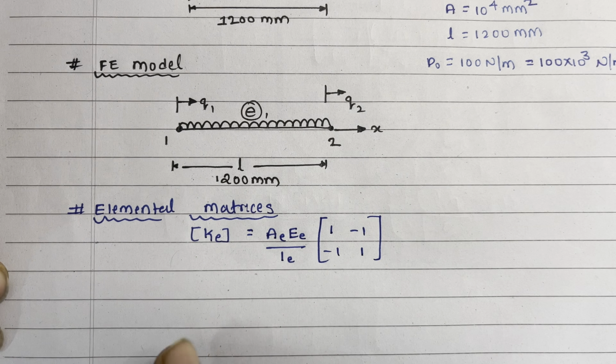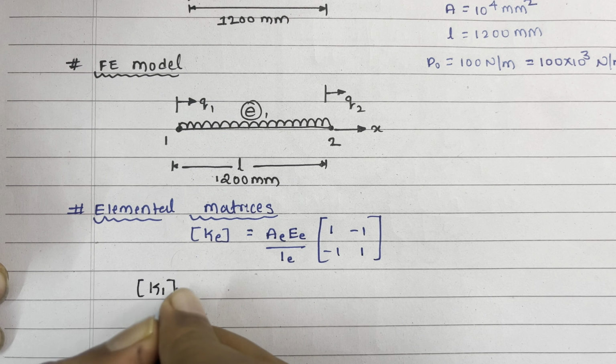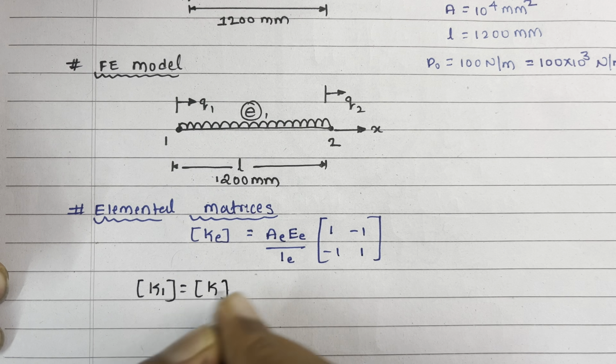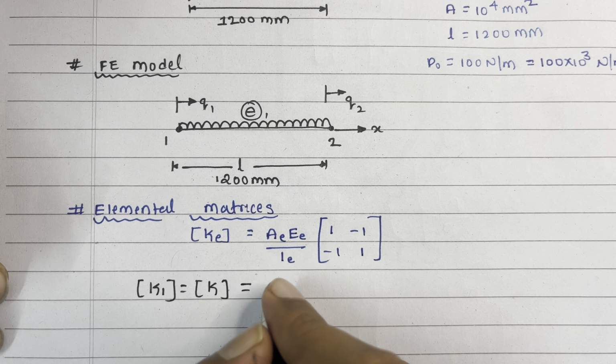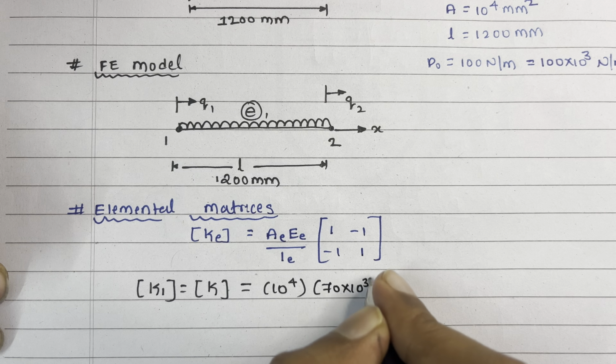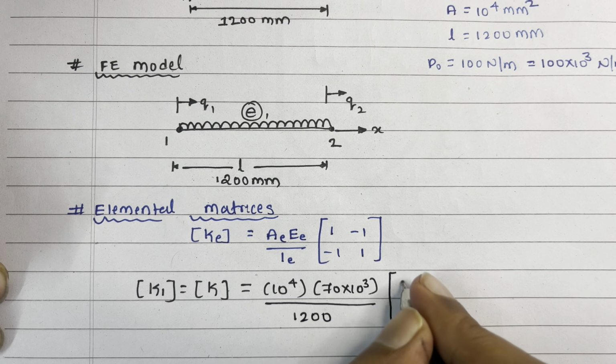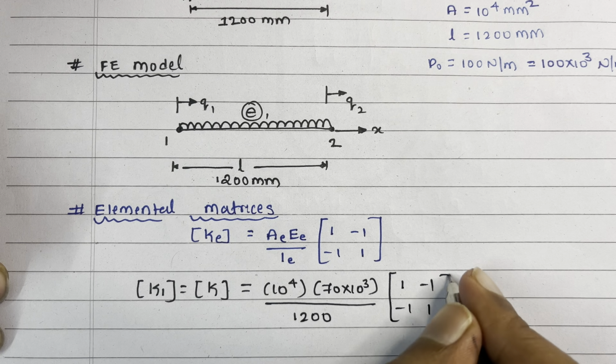Here in this problem we have only one element, so K1 is nothing but K, equal to area 10 raised to 4 and Young's modulus 70 into 10 raised to 3, whole divided by 1200, that is the length, times the matrix 1 minus 1, minus 1 1.